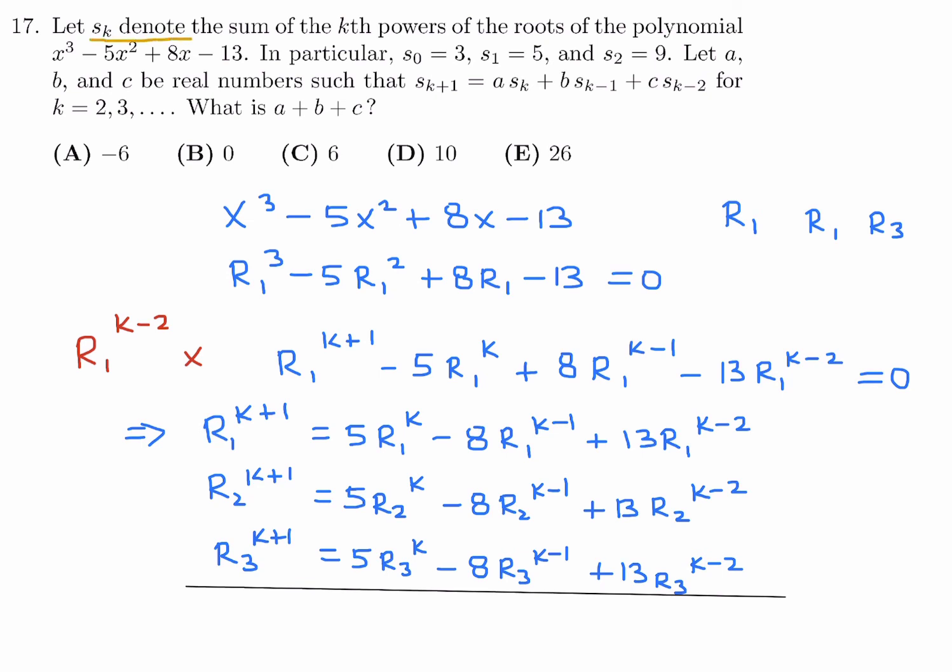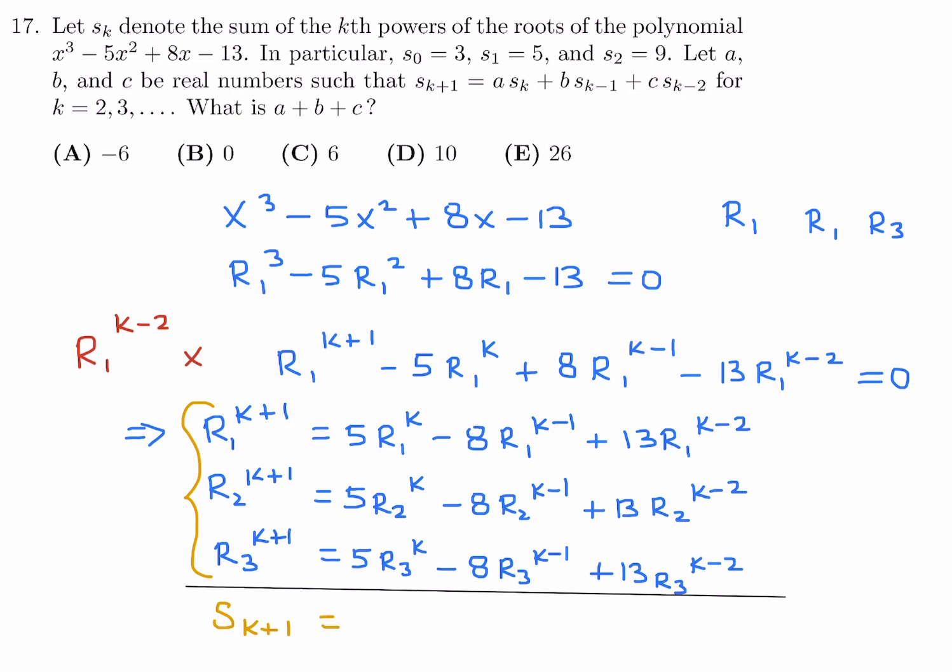Let Sk denote the sum of the kth powers of the roots of the polynomial. So that means that if you add these guys, you basically will get the following. This would be Sk plus 1, right? It's the sum of the kth powers of the roots of the polynomial. In this case, it's the k plus 1 power.